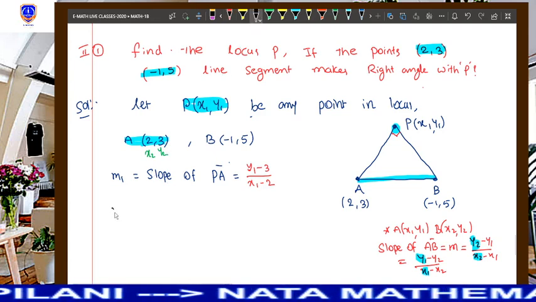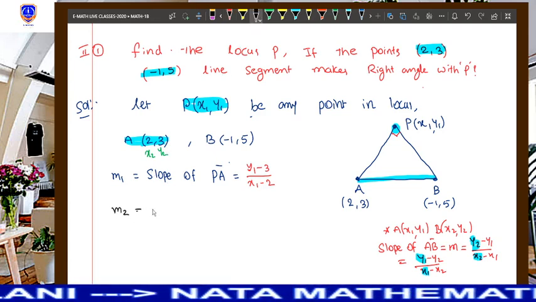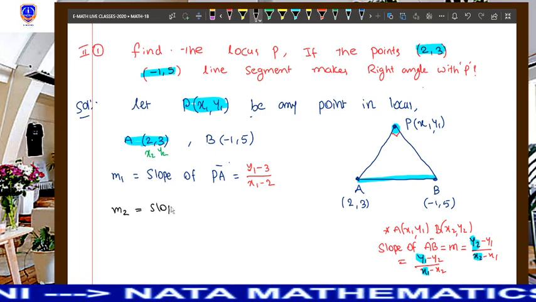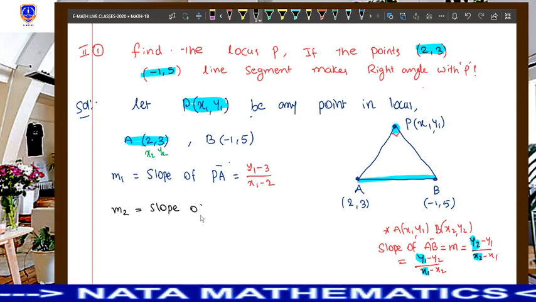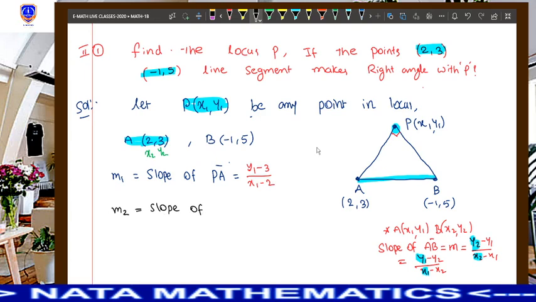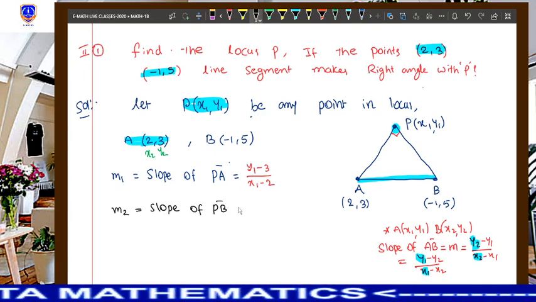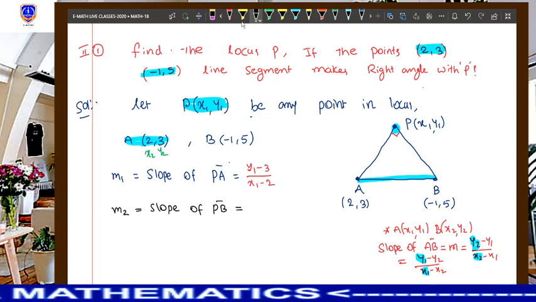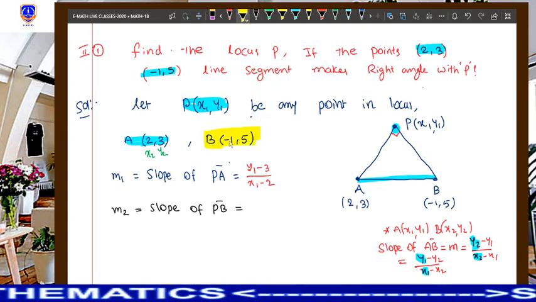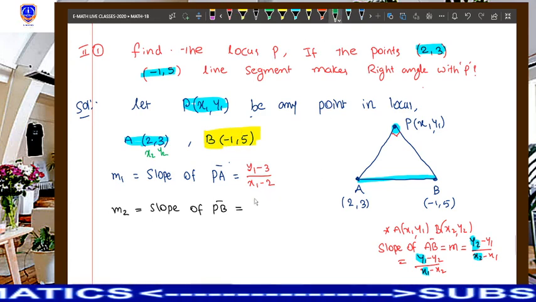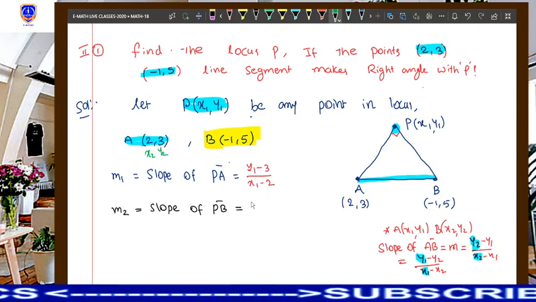Again, write M2. M2 means the slope of PB bar. P is always x1, y1. So take a look at the point B. Do the same procedure for finding the slope of PB bar.